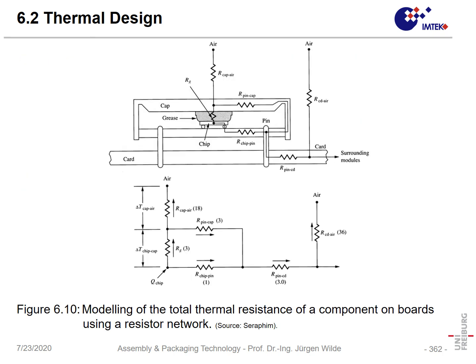So just to give you an example here, I found in one of the textbooks. That is a device which is made of aluminum oxide. Here we have a flip chip mounted chip. The chip is not only cooled via the balls of the flip chip, it's also cooled with a thermal pad or a grease to the top of that cap.